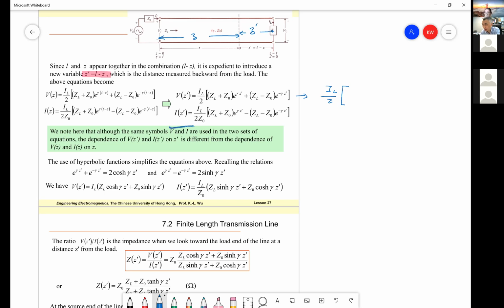We can rewrite this in the way that if anything is ZL related, we can write it in this way, right?